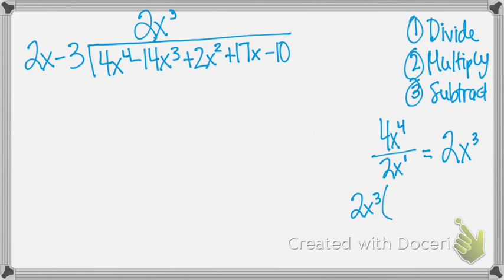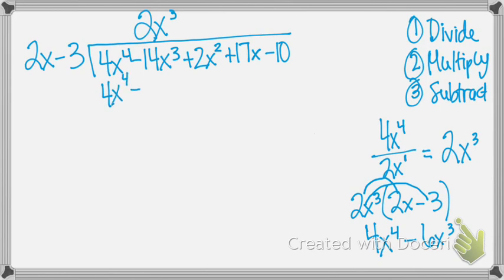Now, we've divided. Second step, we must multiply. 2x cubed times 2x minus 3. Well, 2 times 2 is 4. An x cubed and an x is an x to the 4th minus 6x cubed. So I'm going to take that. We're going to subtract. But remember, when we subtract, it's best to put parentheses around it.